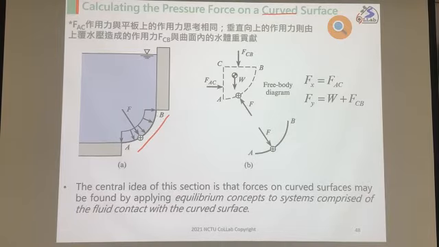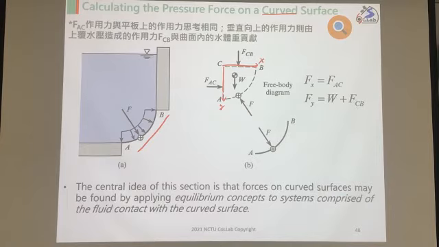If we change to a curved surface, how is the force balance different? The basic idea is, because the surface is not flat, we need to divide the problem along the x-axis and the y-axis.